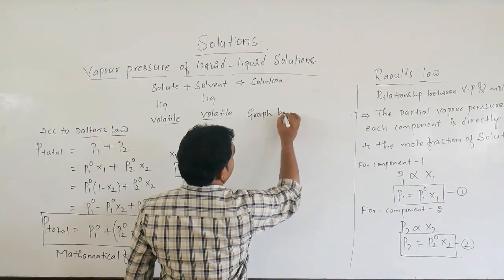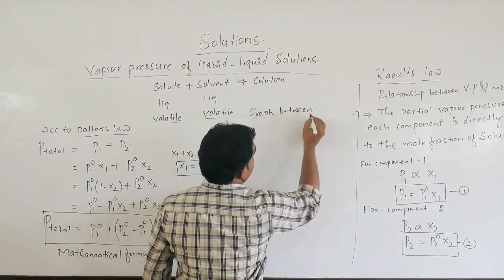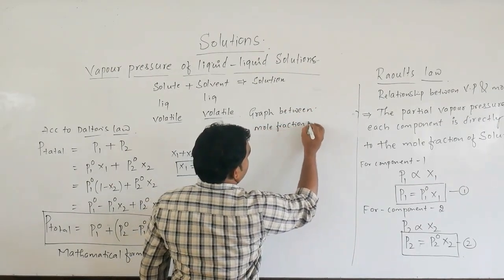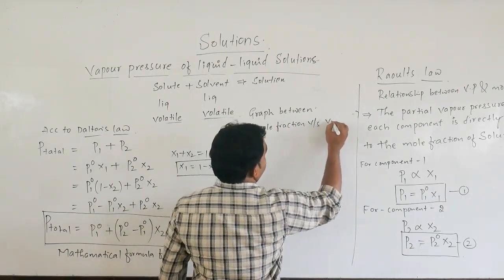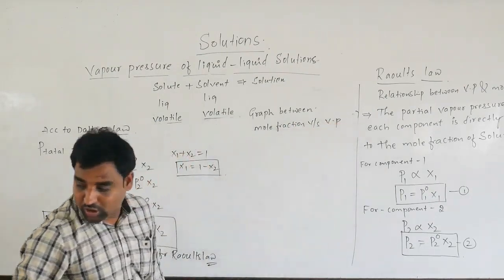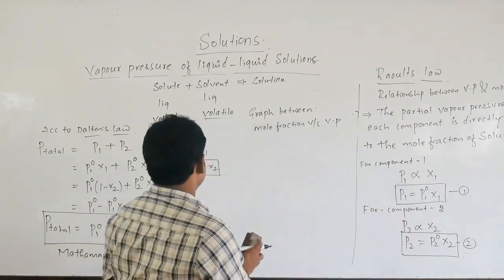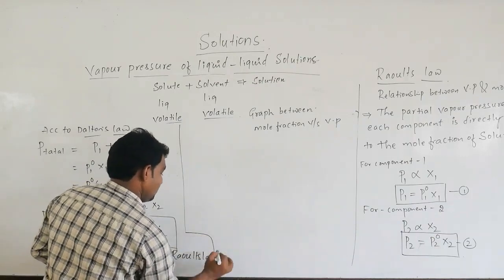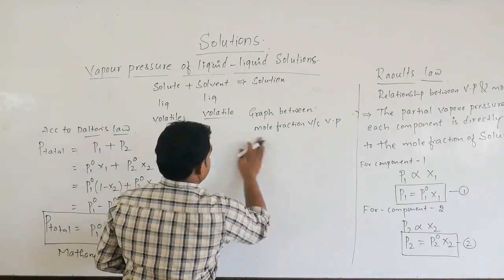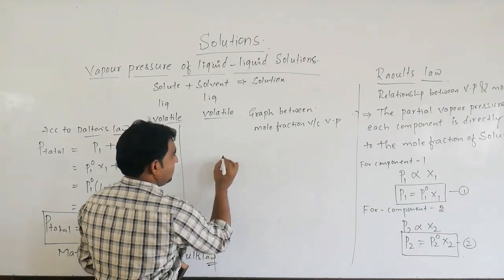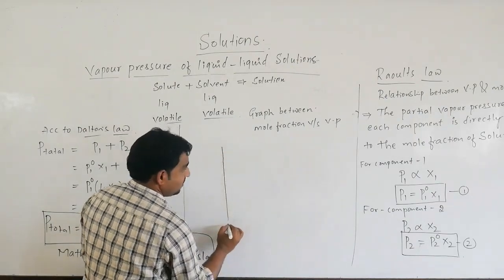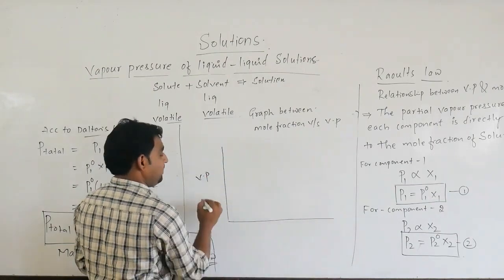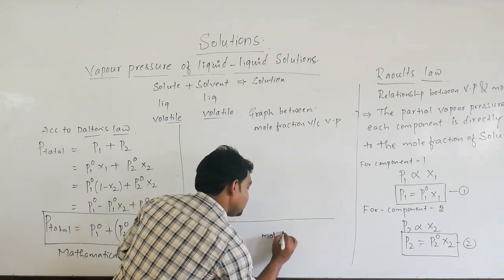Now we discuss the graph between mole fraction and vapor pressure. There are two components. This is vapor pressure, this is mole fraction.